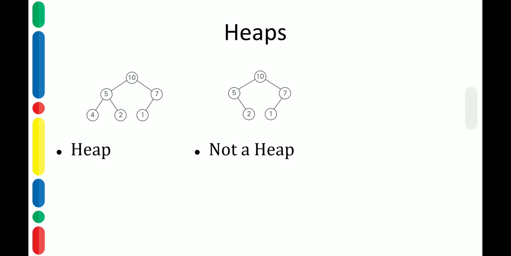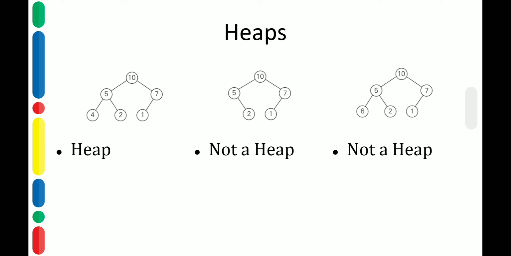Let's take another example. Here, this third graph satisfies the shape requirement, which means that it is an almost complete binary tree or an essentially complete binary tree. However, it is still not a heap because the second property, the parental dominance, is not satisfied.